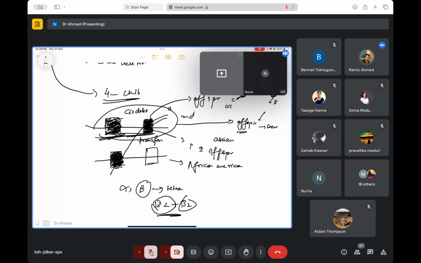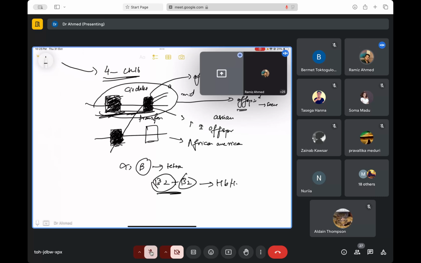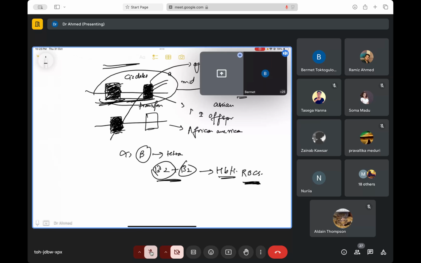This tetramer of beta globin is known as hemoglobin H, and hemoglobin H can damage your red blood cells. It damages red blood cells, so it is a severe form, and you're going to see severe anemia.